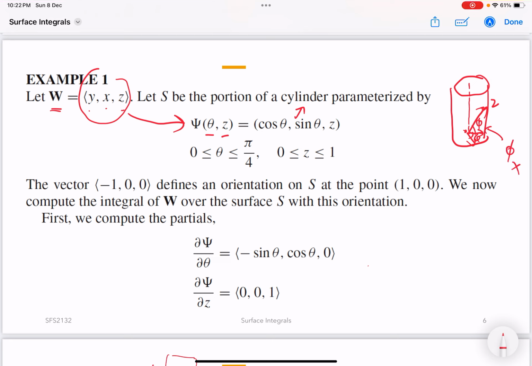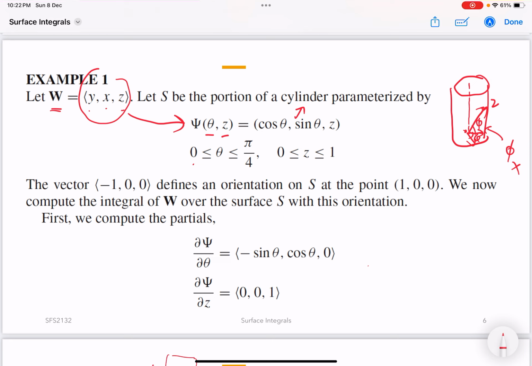It's given that the parameterization is cos theta, sin theta, and z, where theta lies from 0 until pi over 4, which is 180 divided by 4. Since we use radian mode within the cylinder parameterization, z is from 0 to 1.